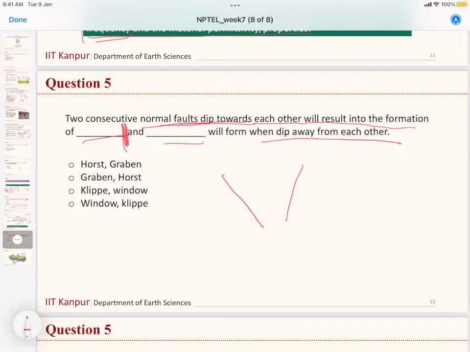Now since it's a normal fault, I need to draw the footwall and the hanging wall. So it is my normal fault. First I'll start with this fault. For this fault, what happens in a normal fault? Will the hanging wall go up or down?